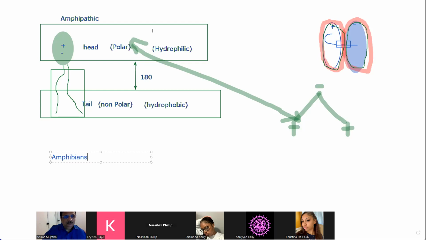Amphi means dual. So it can survive in two different habitats. Here, on the basis of biochemistry, a lipid molecule is an amphipathic molecule because it has both components, hydrophobic and hydrophilic. Now, how are these lipid molecules arranged in a membrane?